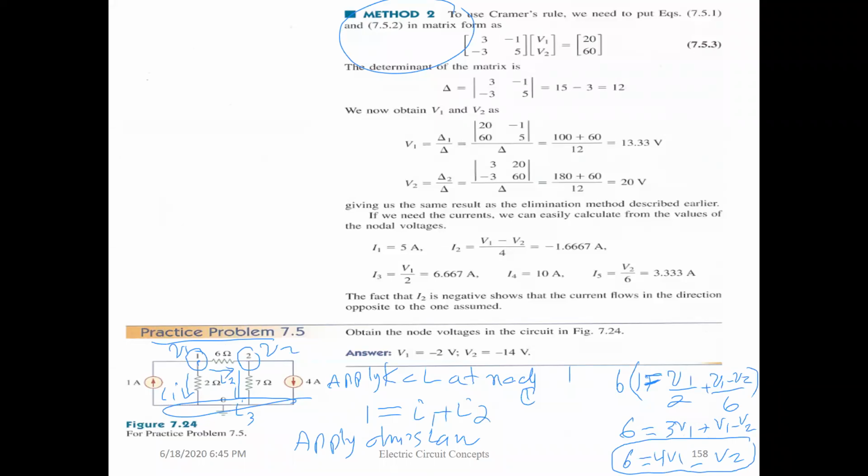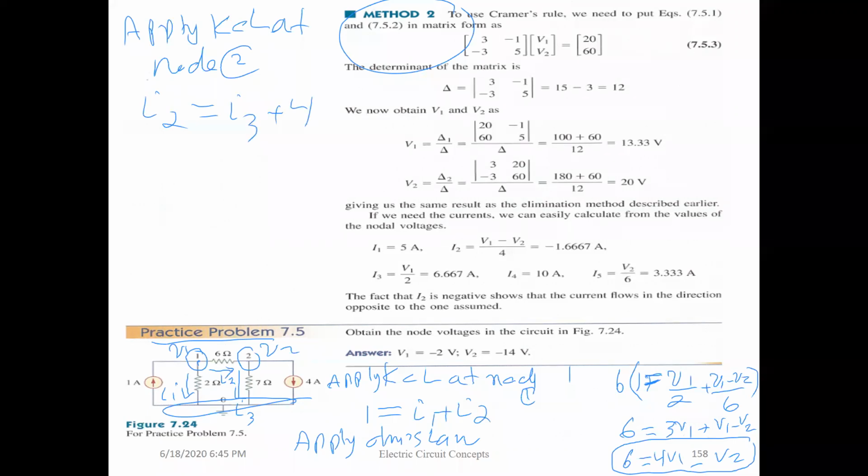And then we go to node number 2. So we need to apply KCL at node 2. So current entering the node, we have I2, and current leaving the node is I3 plus 4.